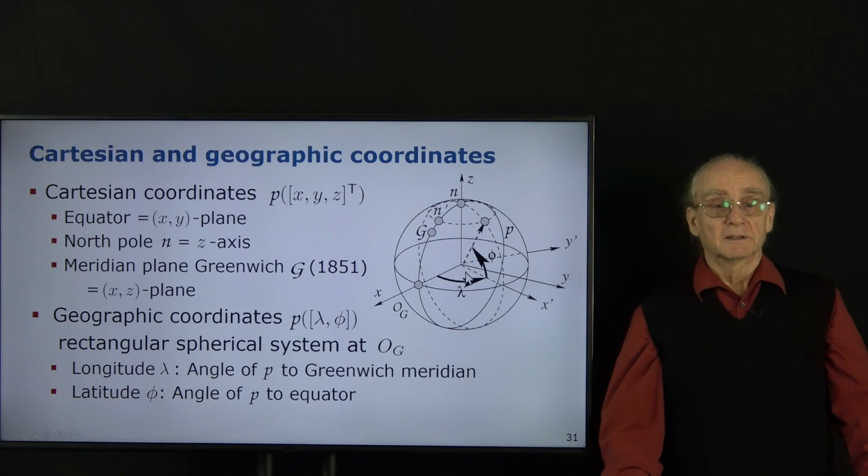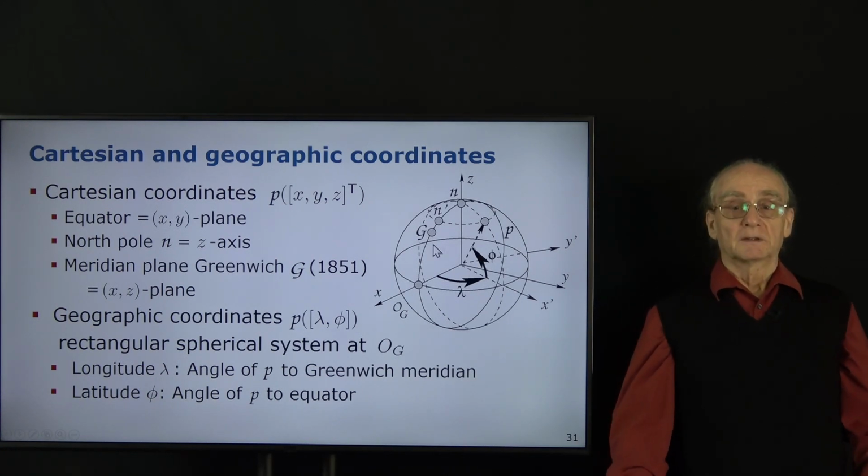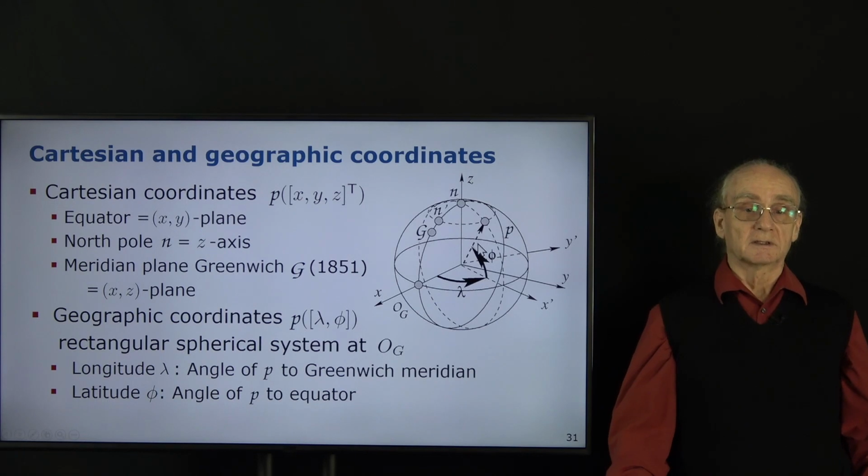The second is the latitude, which is how much you have to move from the equator to the point P in terms of angles. This is this angle, and this is the latitude. So it's the angle of P with respect to the equator plane.